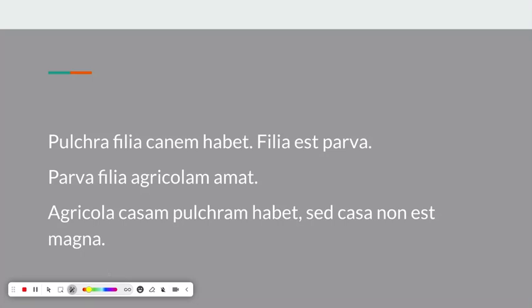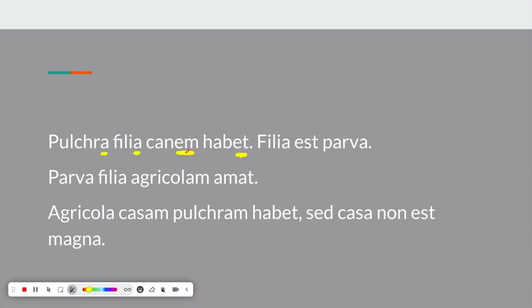She has a dog. And remember, this is habere, habet. She has. So the pretty daughter, and you see now the adjective is following the noun, and since the noun is feminine, the adjective will be in the feminine case. She has what? She has a dog, so the dog's the direct object.